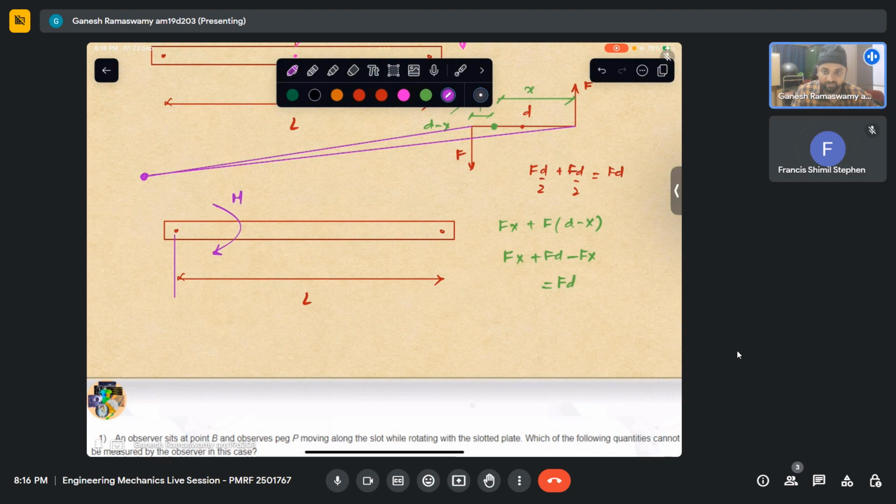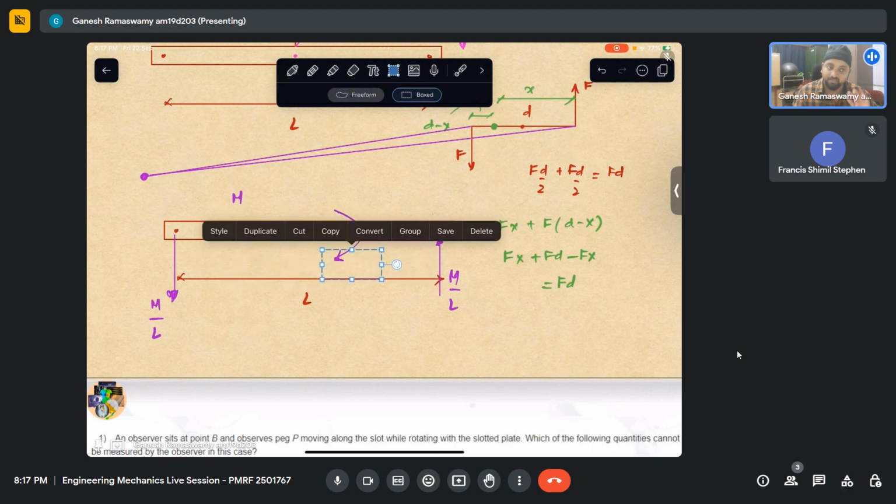So this is M, let us say, and it is rotating like that. So I'll have my reactions formed like that on this beam. This will be M by L, and this will also be M by L in the opposite direction. Now, no matter where I put this M in the beam, my reactions still remain the same because they are an external effect.